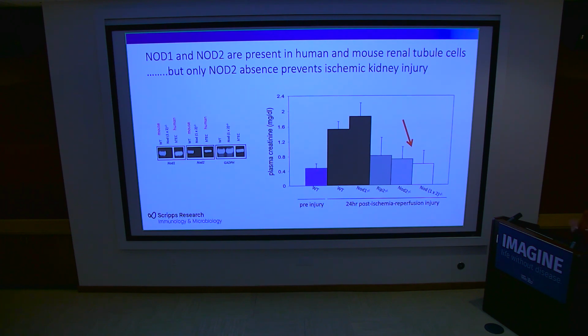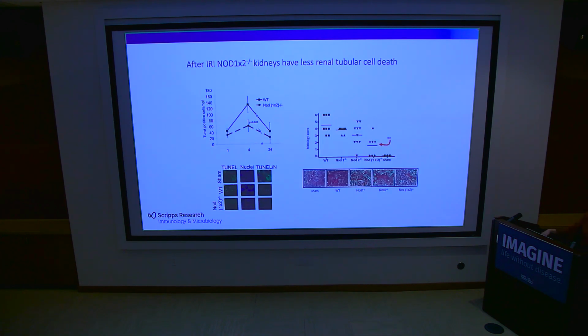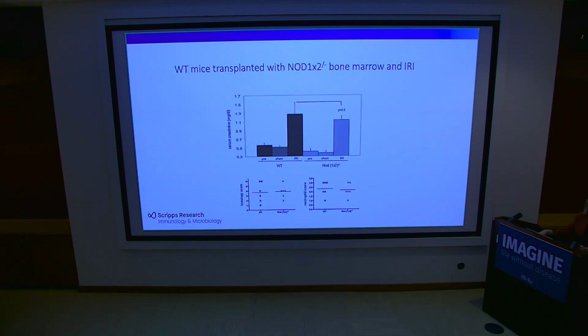So in most of our experiments, we use NOD1 by NOD2 double knockout mice because there's a potential crosstalk. In these, there's less renal tubular epithelial cell death, for sure, and also wild-type mice transplanted with the NOD1 by NOD2 bone marrow are not protected from ischemia reperfusion injury. Again, bringing us back to the renal tubular epithelial cell as a very important cell to target with some of these sensors.